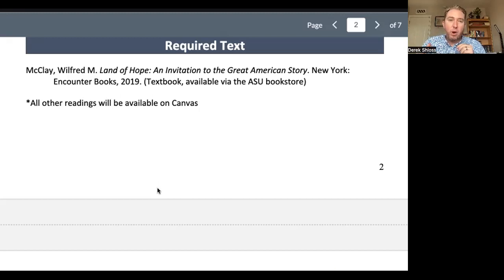One of the positives, I think, is that Maclay's textbook has a really good continuity to it. In a lot of other textbooks, you go from chapter to chapter, and it's hard to figure out what the chapters have to do with each other besides just moving in time chronologically, right?